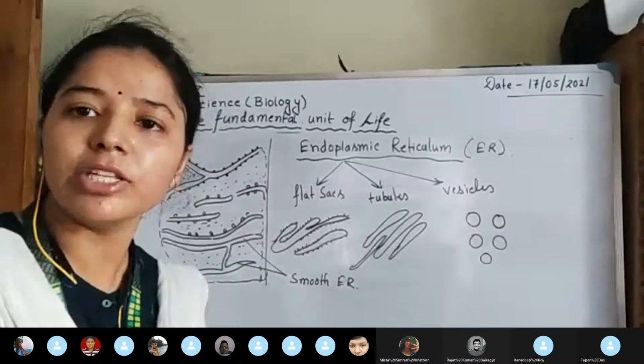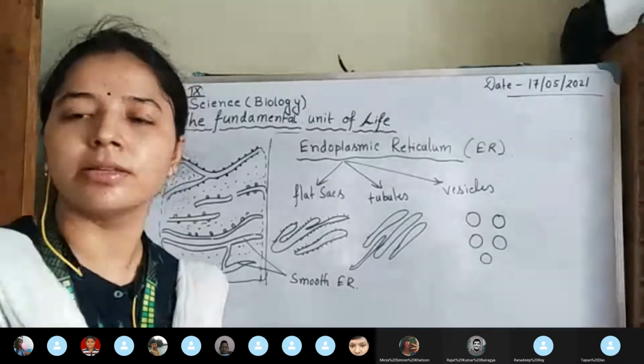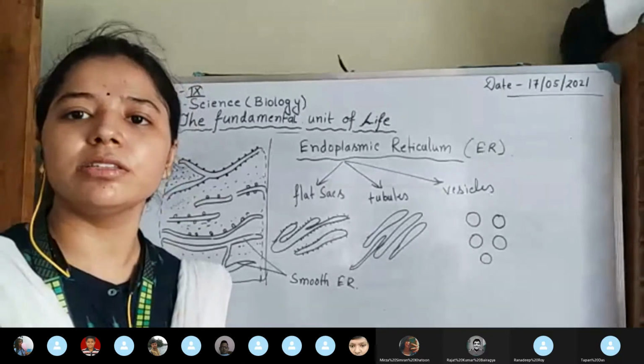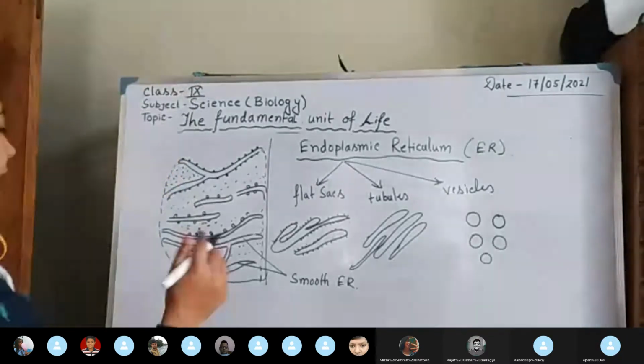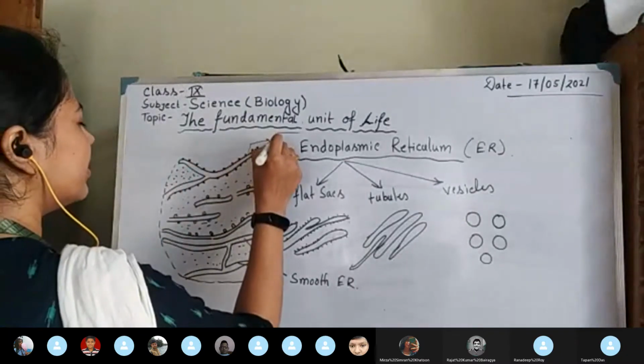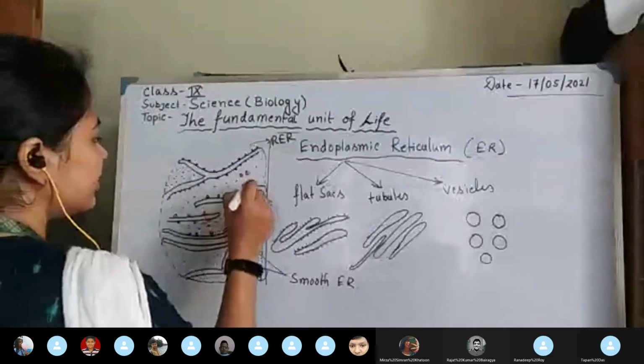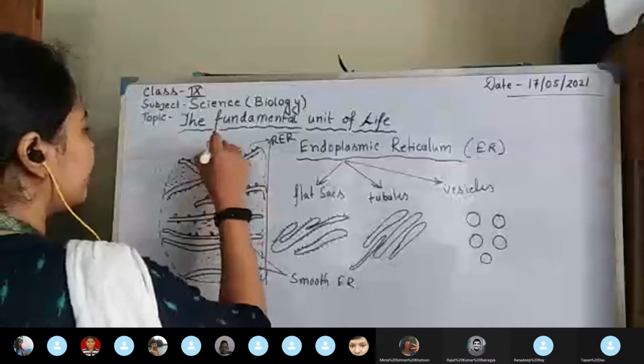Can you see the board properly, students? Yes. Please tell once. Okay. And in this case, these are known as rough endoplasmic reticulum. And this portion here is called ribosome.